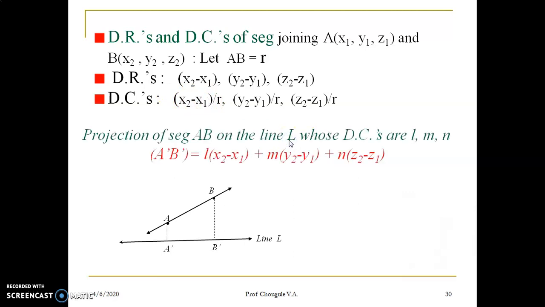Now, the projection of segment AB on the line whose direction cosines are L, M, N. The line's direction cosines are L, M, N. Then A'B' is given by L into (x2 minus x1), M into (y2 minus y1), N into (z2 minus z1).